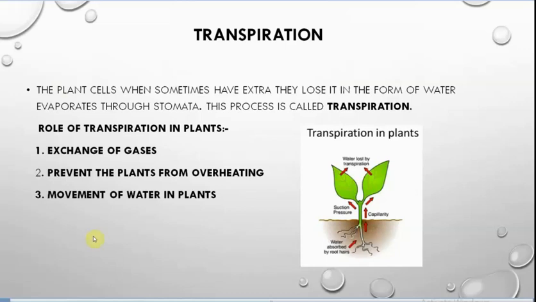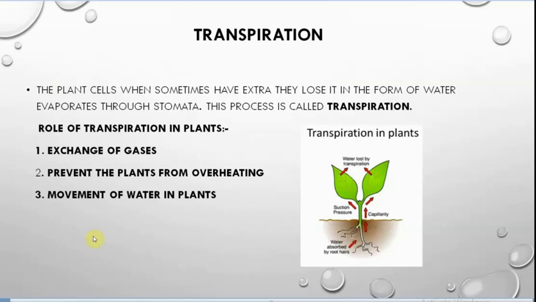So what is transpiration? It is the process of the loss of water from the aerial part of the plant in the form of water vapor. Aerial part means the part which is in contact with air.